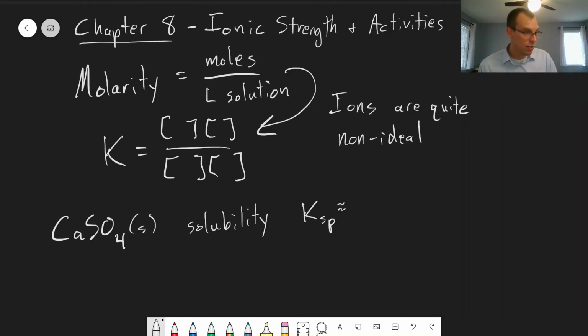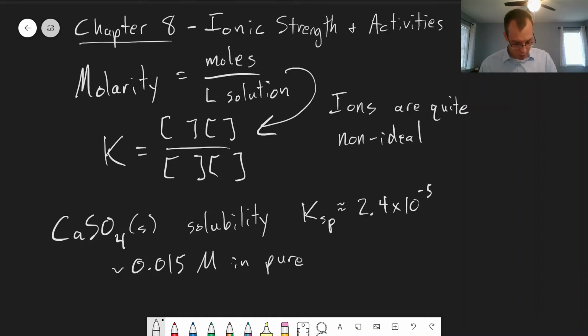It's about 2.4 times 10 to the minus 5, so we wouldn't expect it to be very soluble. And the solubility is about 0.015 molar in pure water. So meaning that we would expect concentration of calcium and concentration of sulfate to be about 0.015 molar in pure water if we can measure it that way.